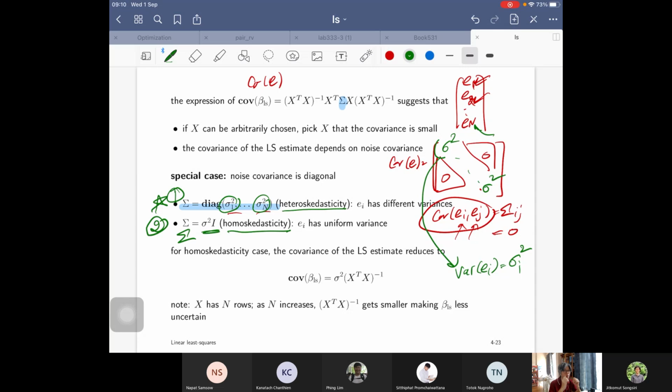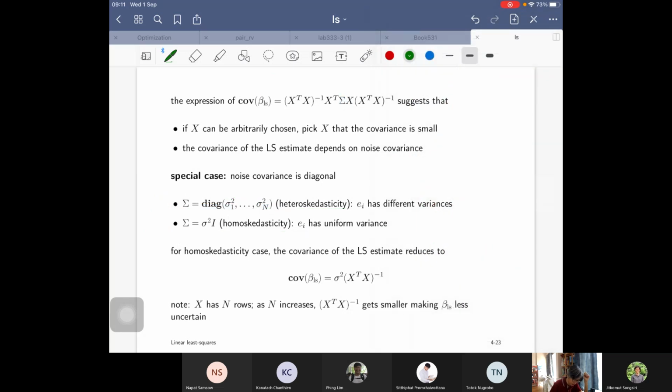Homo means uniform, the same. In that case, EI has uniform variance. Since we use E to represent noise from the sensor, uniform variance means the sensor performs the same way. You haven't calibrated anything. It produces the same statistical property.